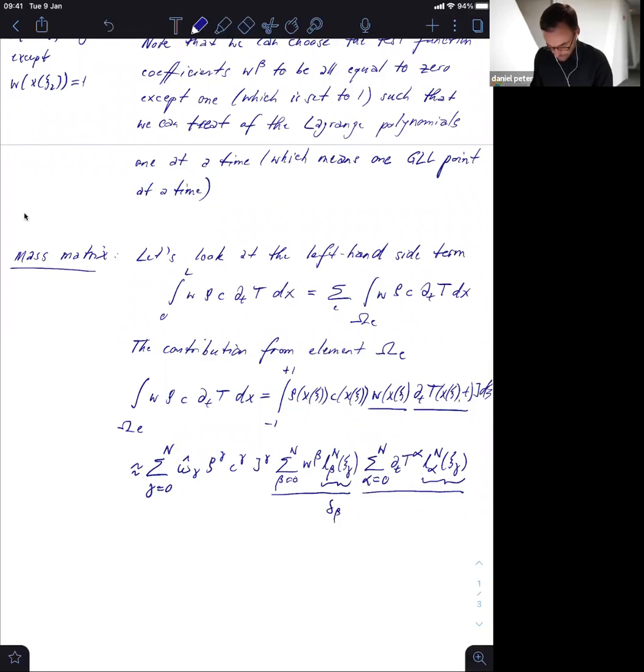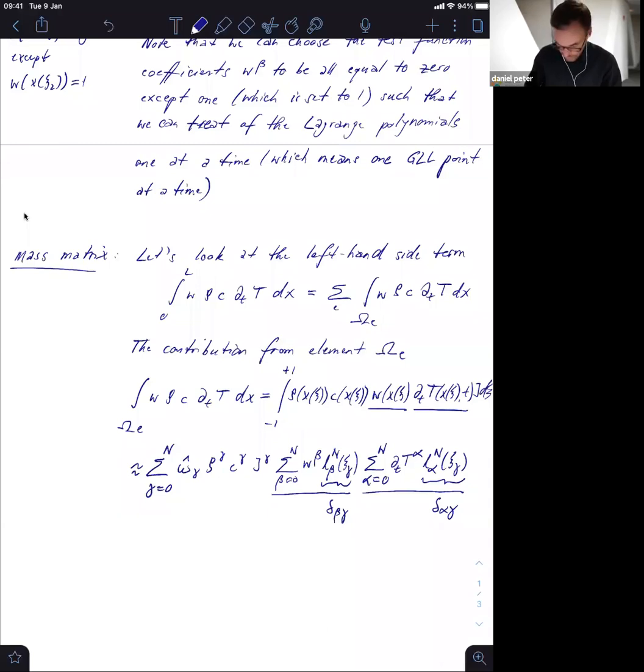We have delta beta gamma, and here we have delta alpha gamma. Which is a way of writing that the Lagrange polynomial is only one on one particular GLL point and 0 everywhere else.